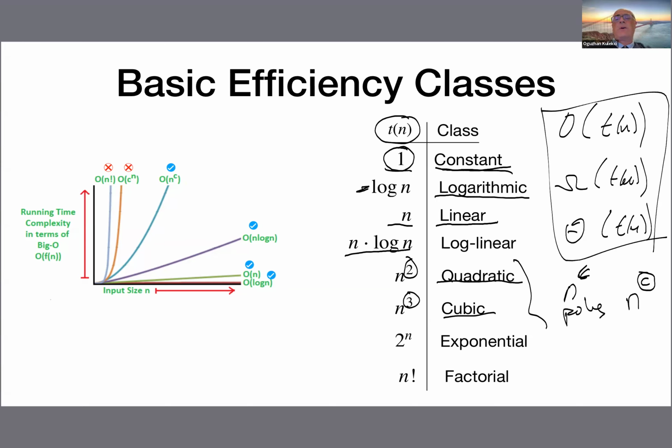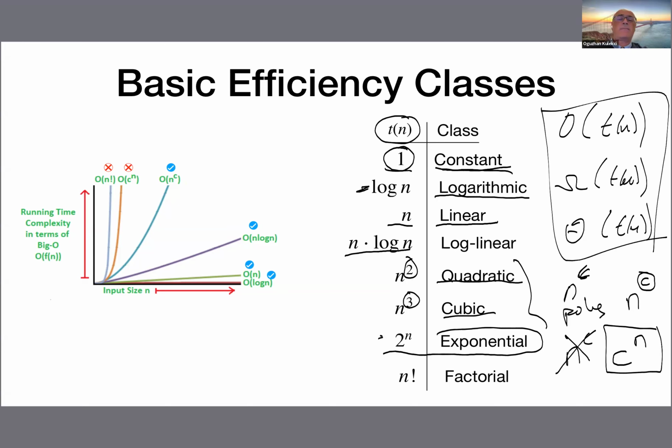What else is beyond those polynomial complexities? We have the exponential one. This is not n to the c, which is polynomial. It's beyond polynomial. It is a constant raised to the power of the input size, for instance 2 to the n.